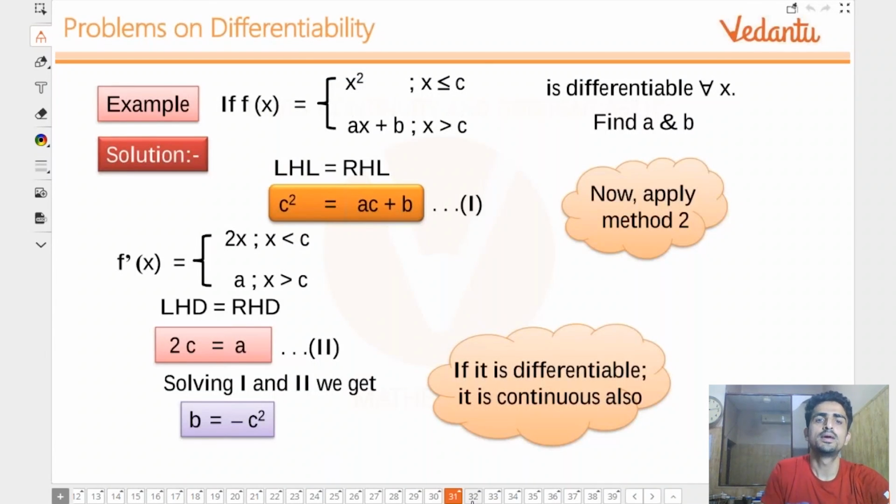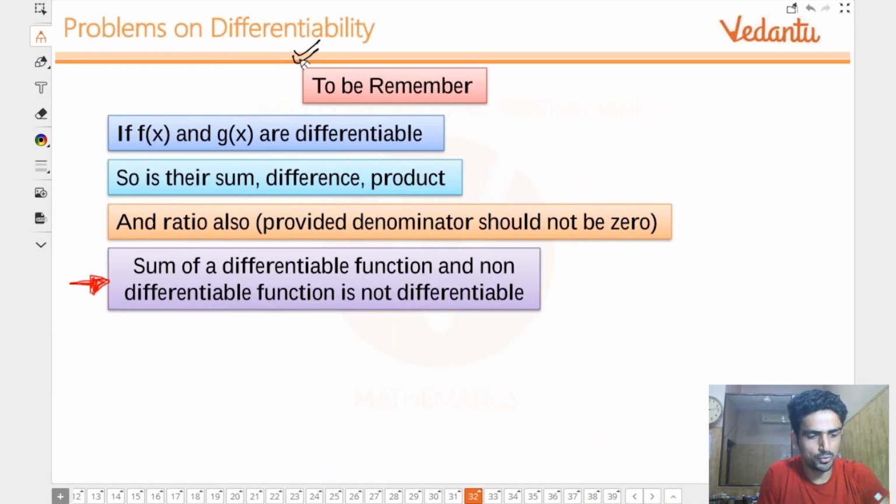Okay. Now, we are going to do mixed questions, like the questions you'll be facing in objective type questions. There, one thing is very important which I've marked with the red color. Read it. This is a very important point. Same as continuity.